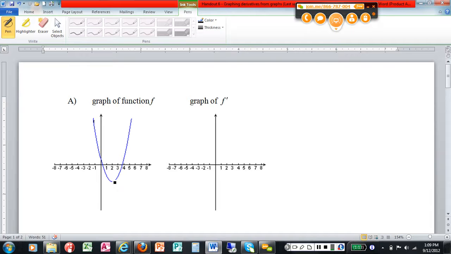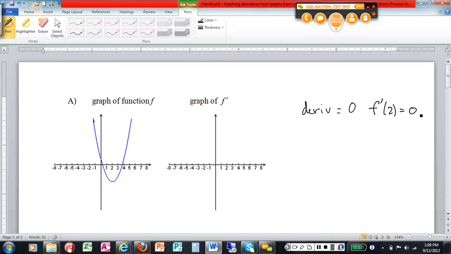And looking at this graph, do you see anywhere there is a derivative of 0? There is a derivative of 0 at 2. F prime of 2, in other words, is 0. Does everybody agree with that? How do we know that?